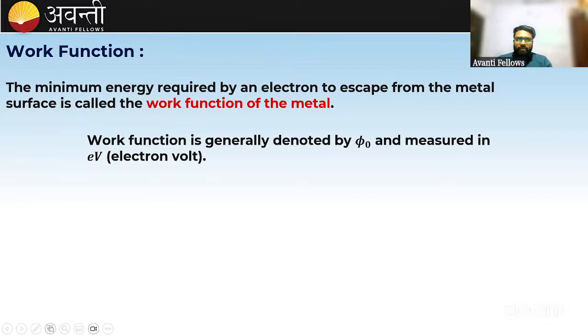Yes we can. So work function is nothing but that level, and that is decided by the metal itself.